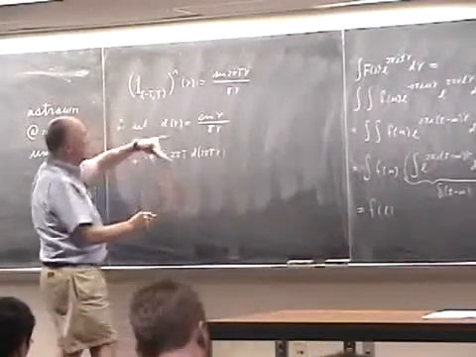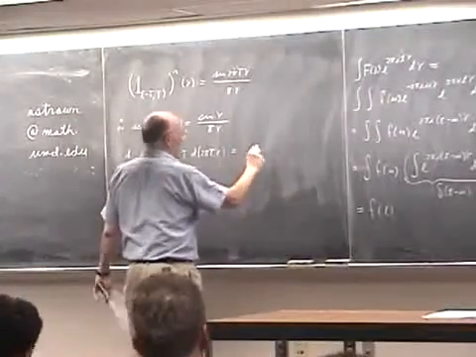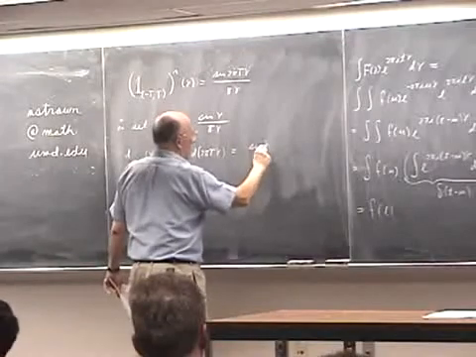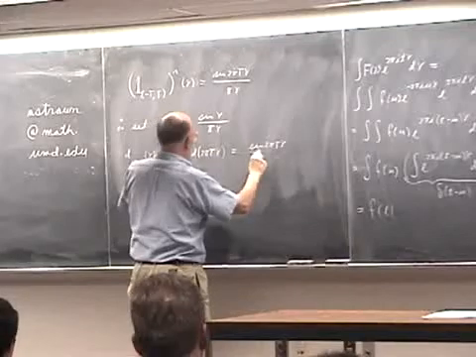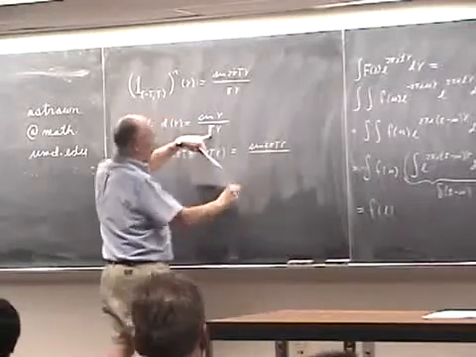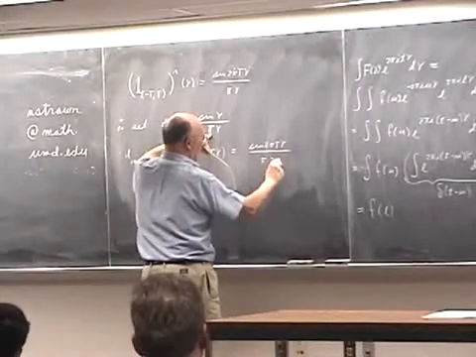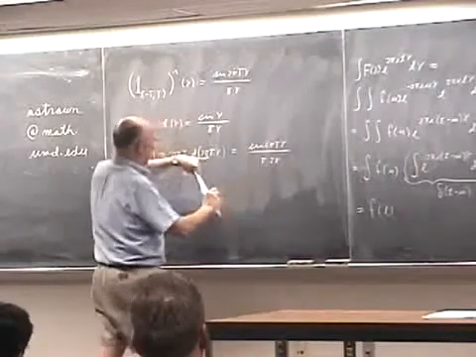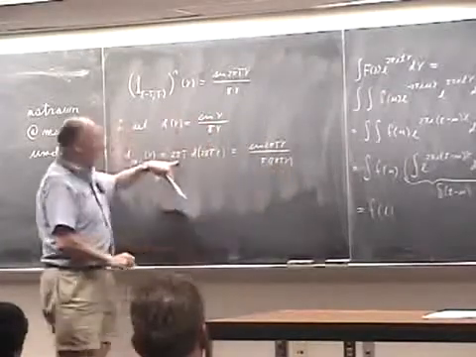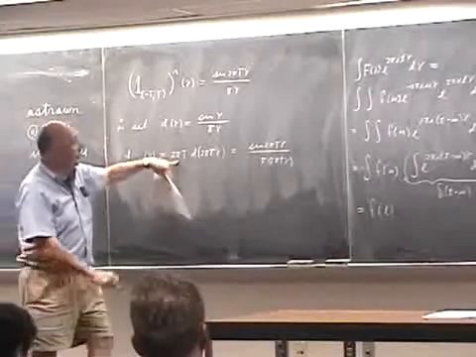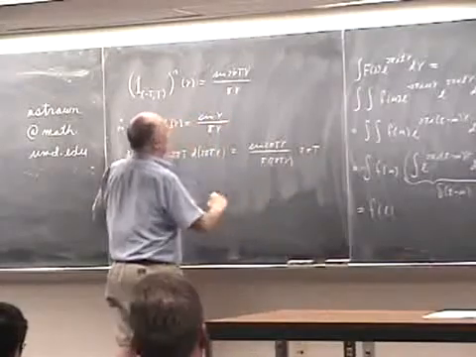So with D of gamma being this, it's the sine of 2 pi T gamma over pi times 2 pi T gamma, multiplied by 2 pi T. And so I get this guy here.